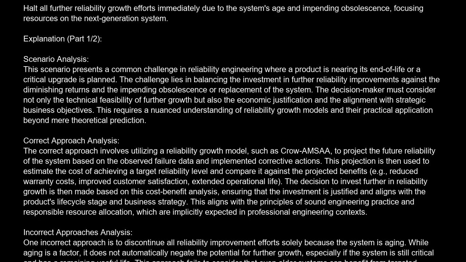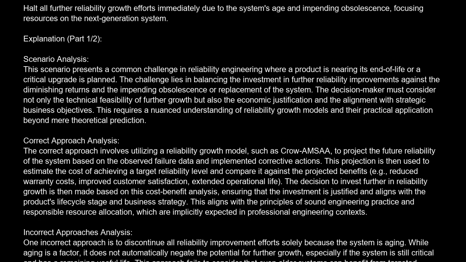The decision-maker must consider not only the technical feasibility of further growth, but also the economic justification and the alignment with strategic business objectives. This requires a nuanced understanding of reliability growth models and their practical application beyond mere theoretical prediction. Correct approach analysis. The correct approach involves utilizing a reliability growth model such as CRO-AMSA to project the future reliability of the system based on the observed failure data and implemented corrective actions.